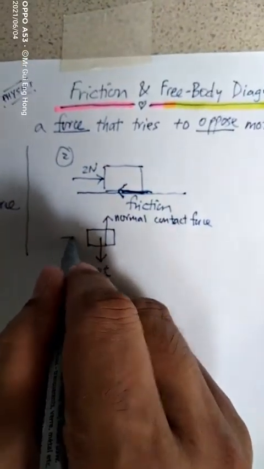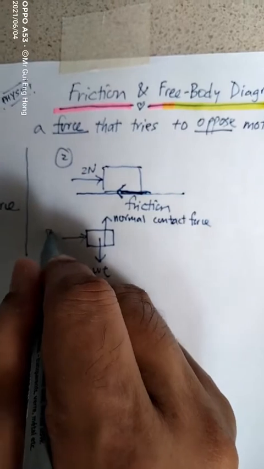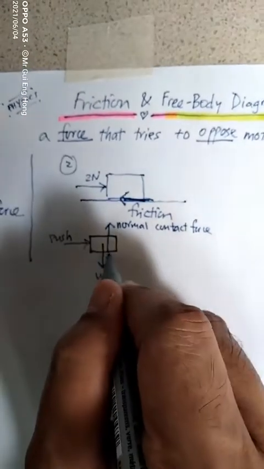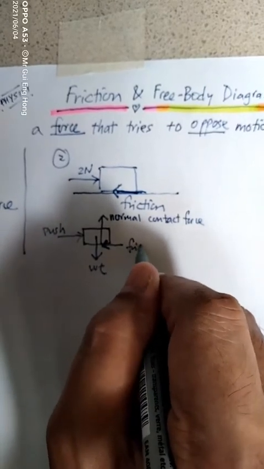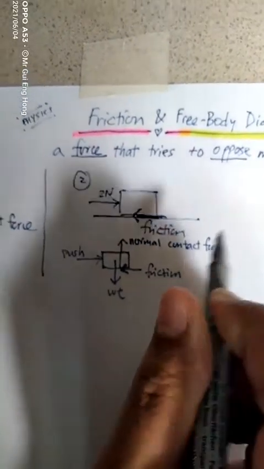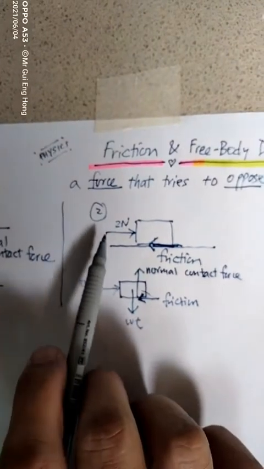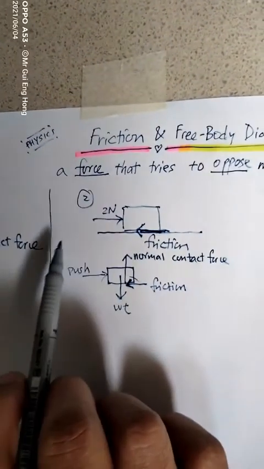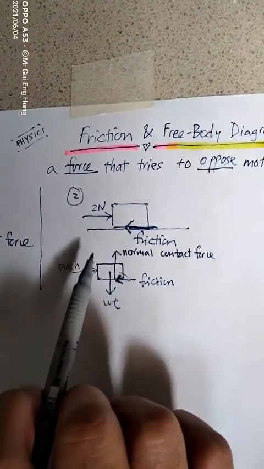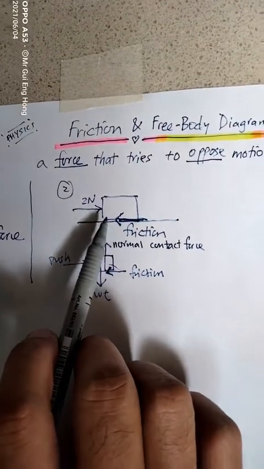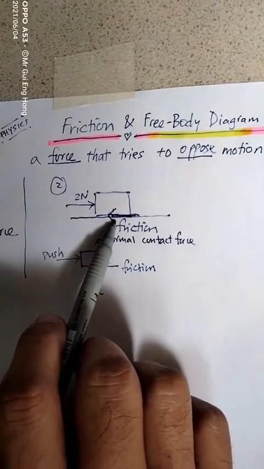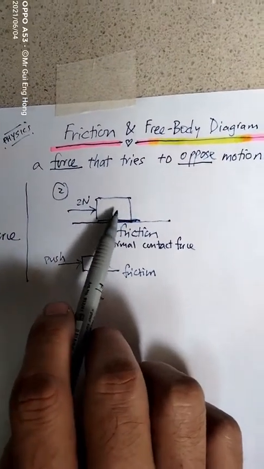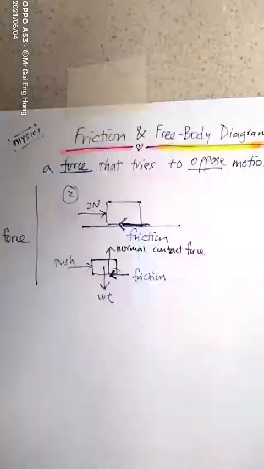And then of course we have this push, in this example 2 Newton, and then we have the frictional force. If the friction is exactly 2 Newton, the box may not move forward. If the friction is less than 2 Newton, then the box will accelerate to the right.